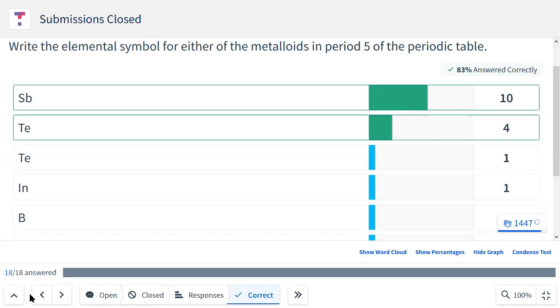The key for that activity has been posted in Top Hat, so you should be able to compare what you did. If you have any questions about how I came up with my answers versus what you came up with, let me know, and I'll be glad to walk you through the process.